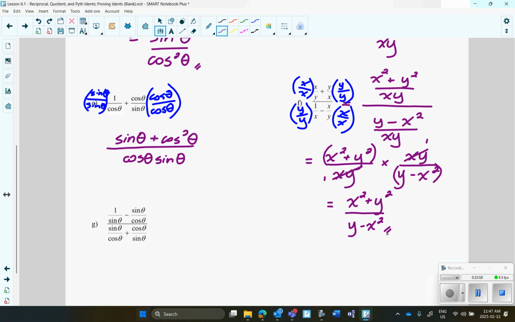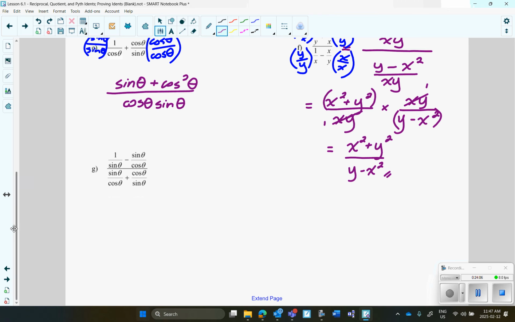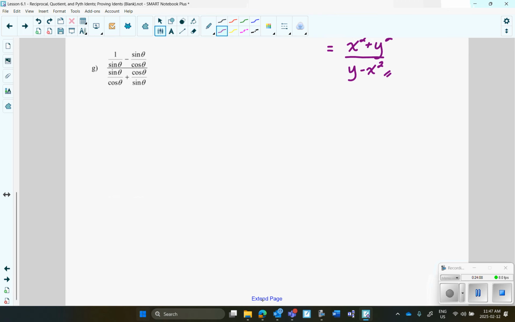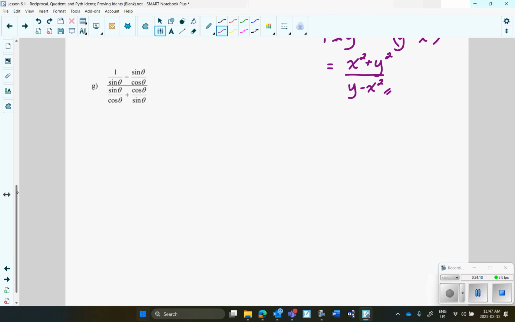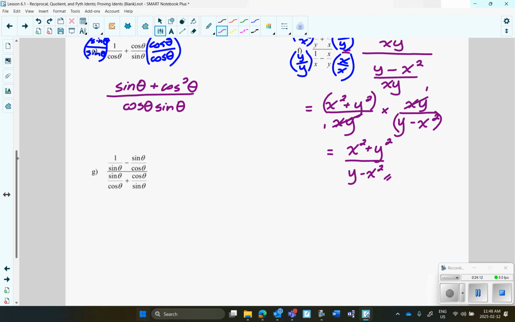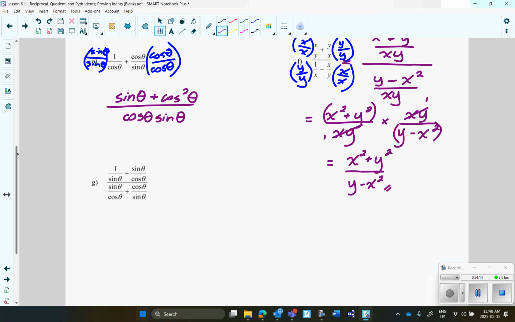Using this sort of as a template, see if you can do G. It's very similar to the previous one, but instead of x's and y's and numbers, we're using sine and cos.